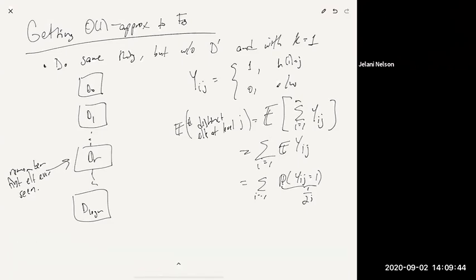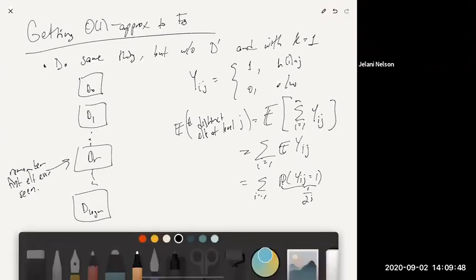Or let's actually say it like this. Let's call this q, so this is i sub q, the qth distinct element, right? Not all n universe elements appear in the stream.